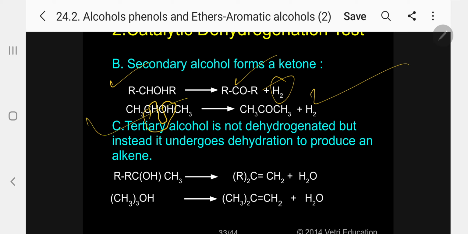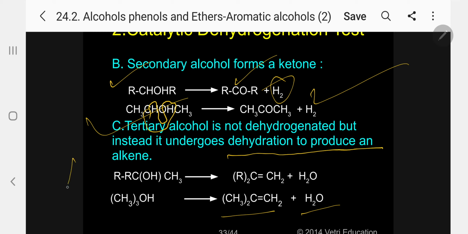If you take a tertiary alcohol, it is not dehydrogenated, but instead it undergoes dehydration. Please follow. Primary and secondary alcohols undergo dehydrogenation, whereas tertiary alcohol undergoes dehydration, producing alkene and water.